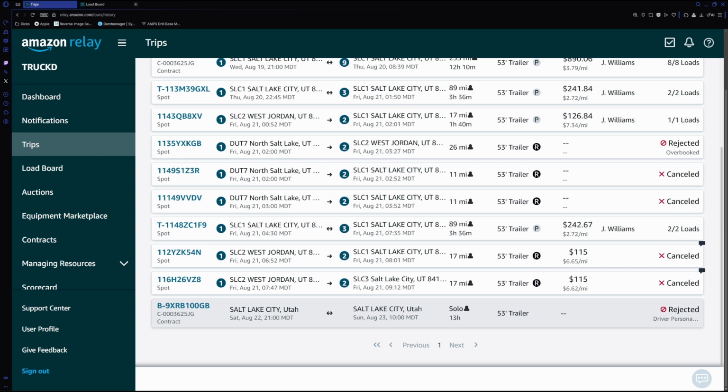And those cancellation ones with the 115, I'm actually getting paid for because that's a truck not used. So in total, the night was $841.35, including those canceled ones.